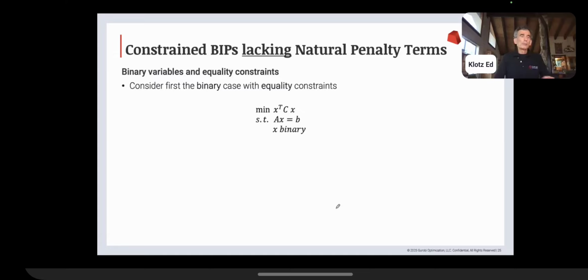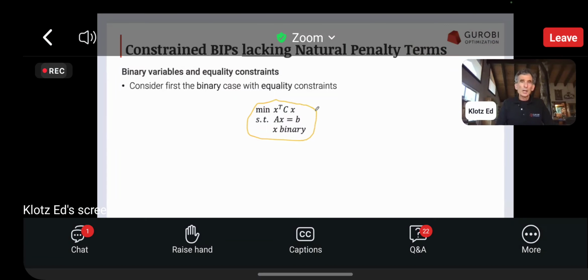All right, so that's category 2, binary IPs with a natural penalty term. We'll now raise the degree of difficulty and consider those that lack natural penalty terms and what we might do. And we'll deal with this in equality form. We've seen that we can transform inequalities into equalities.